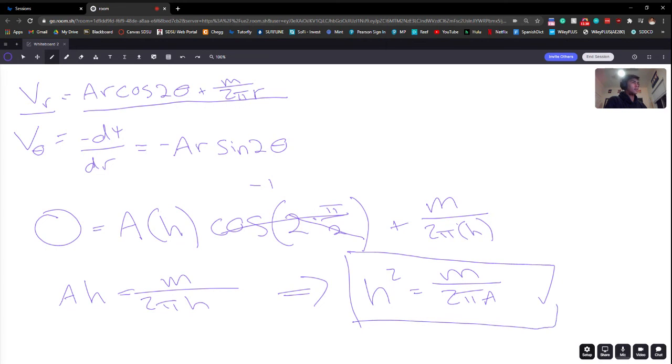Oh, and this isn't area; this is just a constant. I don't know if I mentioned that. But that's how we get our relationship between bump height h, the constant a, and the source strength m.